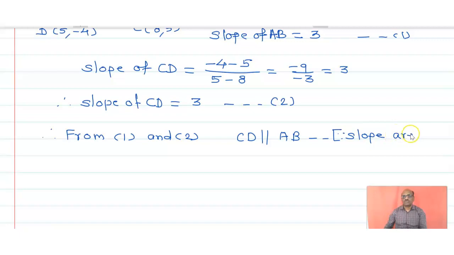When two lines are parallel, their slopes are equal, and this I will treat as the third one.